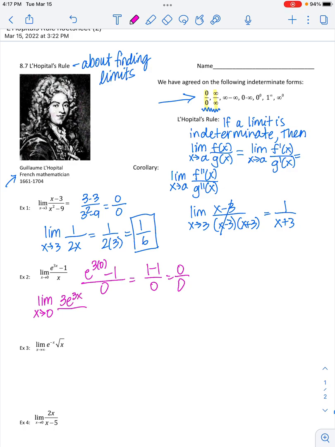And then the bottom, the derivative of x, is just 1. So now I can try to plug 0 into that, and I end up with 3e to the 0 power, which is 3. You weren't going to get that originally until this rule came along.